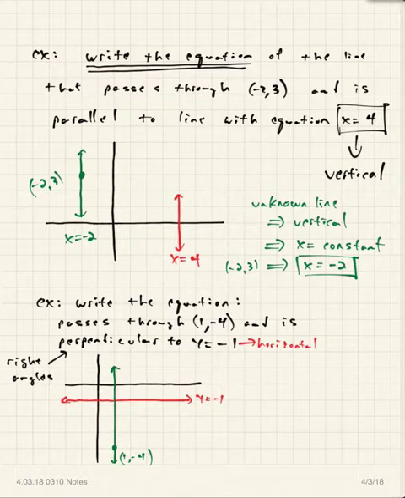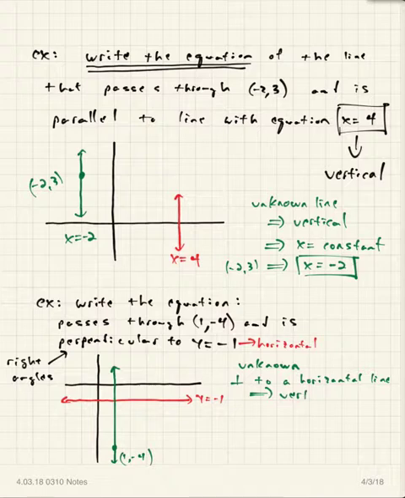So what do we have here? If we reason through this problem, the unknown line is perpendicular to a horizontal line. That little symbol I just wrote, by the way, means perpendicular. So perpendicular to a horizontal line means that the unknown line has to be vertical.